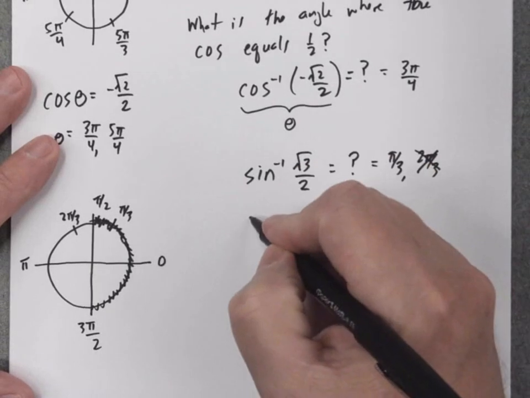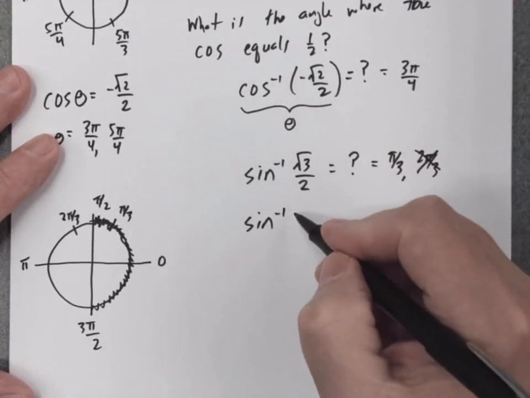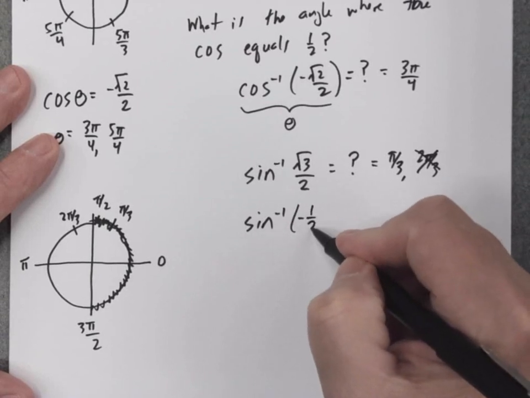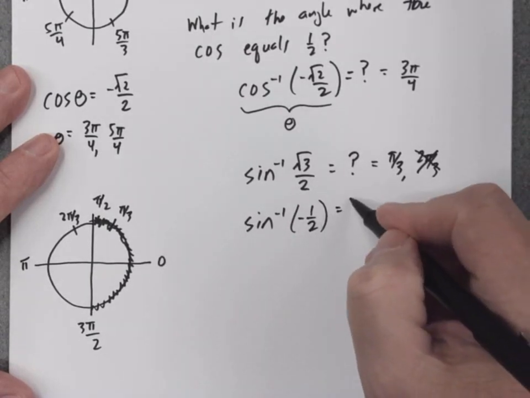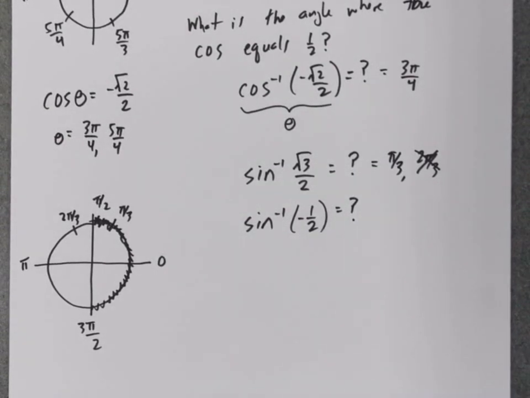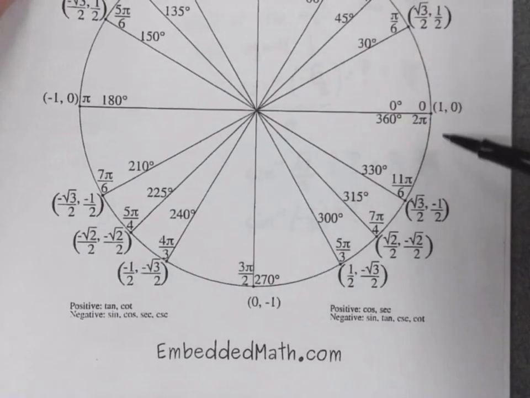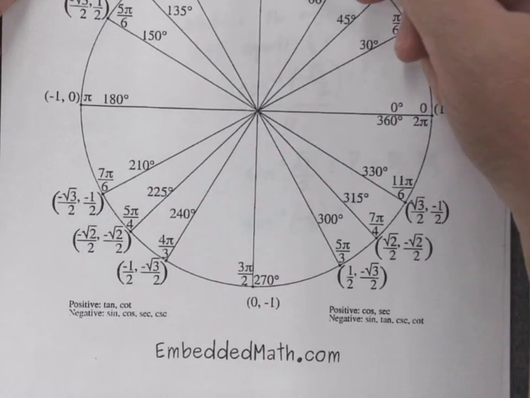So if we were asked what's the inverse sine of negative 1/2, well, you think unit circle. Now for inverse sine, my angles have to be in the right half.